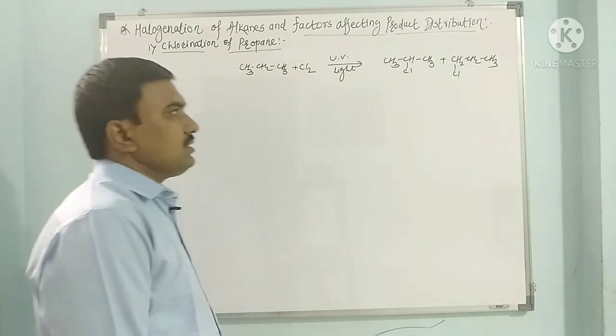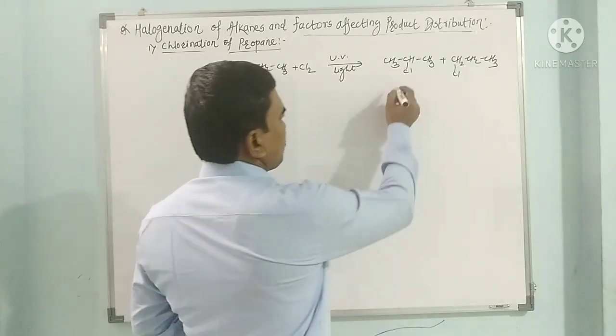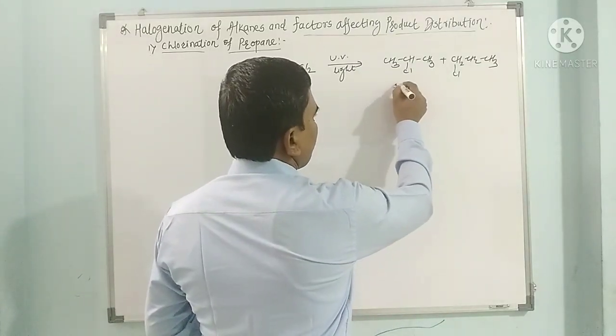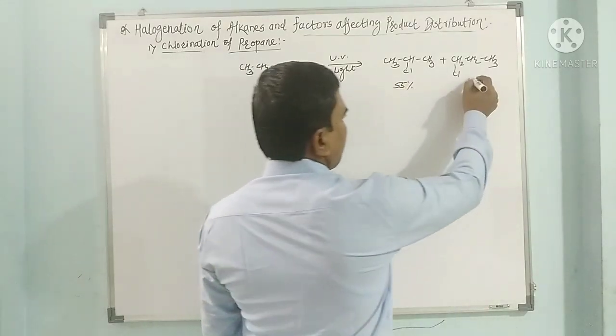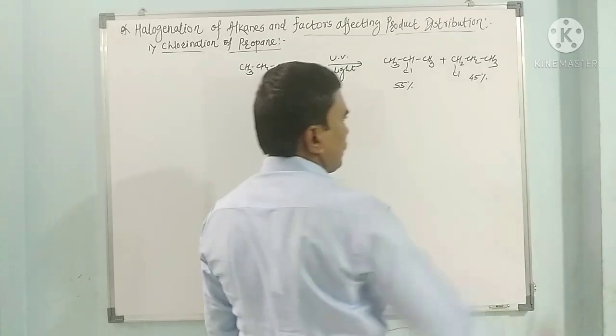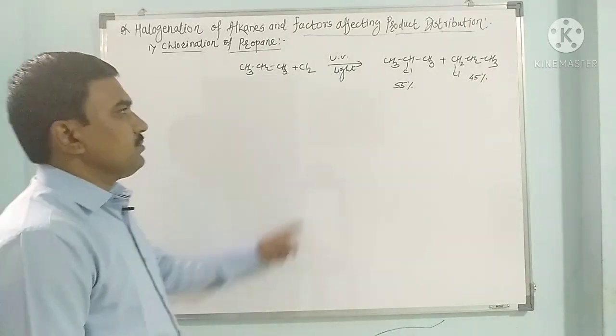So here we get 2-chloropropane and 1-chloropropane. This 2-chloropropane we get with 55%, that is major, and this one is 45%, which is lesser.